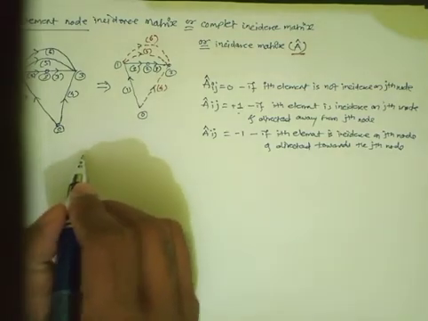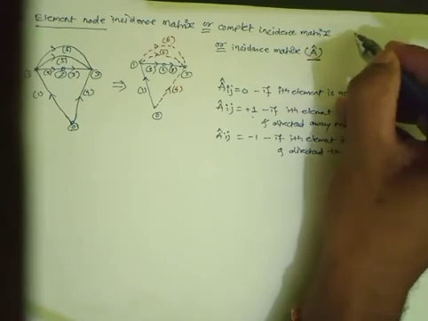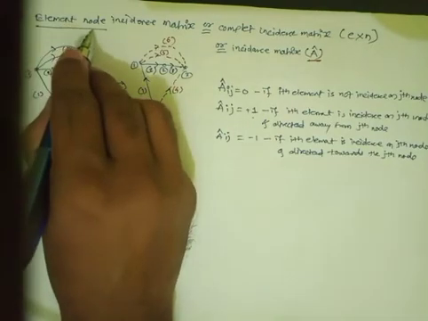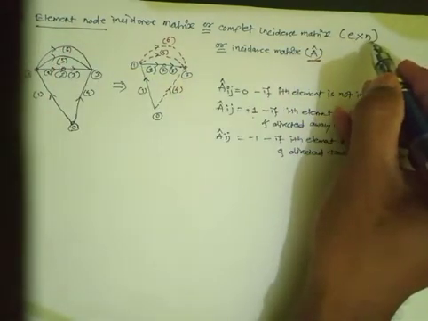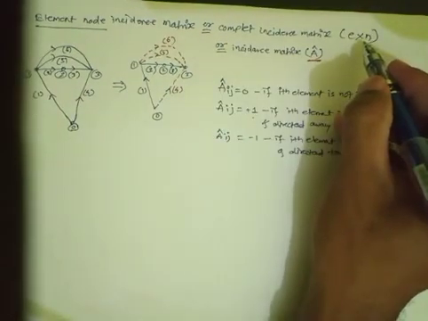Now again the important thing, what will be the dimension for this particular matrix? So the dimension will always be E cross N, as this is the element node incidence matrix. E means element and N means node. So there are 6 elements and n number of nodes means 4 nodes.